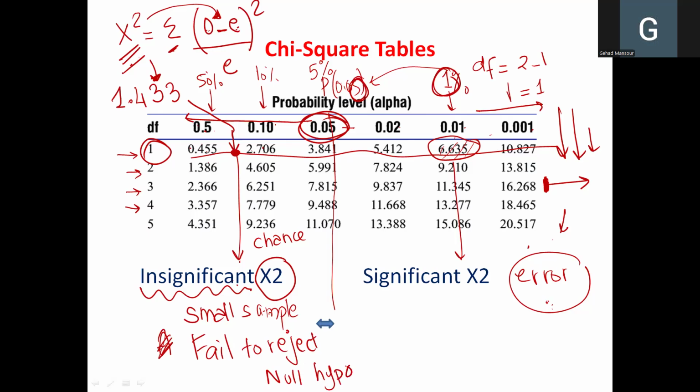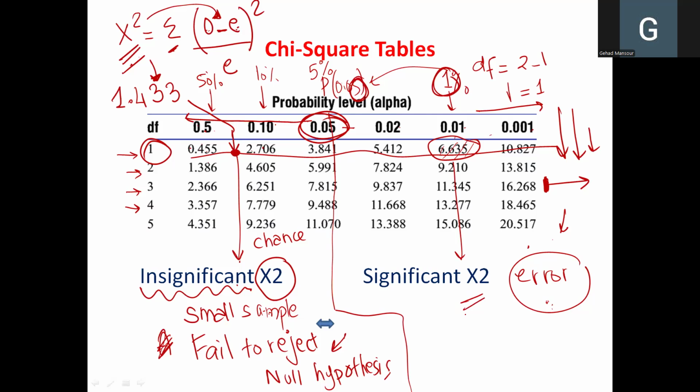What do we mean by the null hypothesis? The null hypothesis postulates or assumes that there is no difference between the expected and the observed results. When my difference is very small, then I can accept the null hypothesis, or more correctly speaking, fail to reject the null hypothesis.